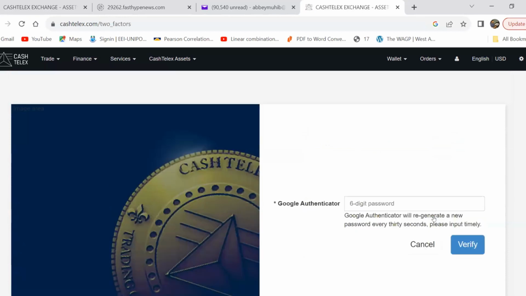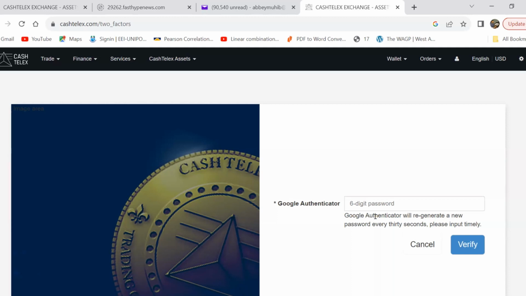After clicking on sign in, it takes me to another page, which is telling me to input my Google Authenticator. As you all know, when we open our CashTelex accounts, we are told to get a Google Authenticator to use as a password that makes your CashTelex account safe.